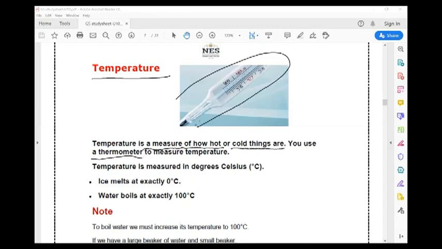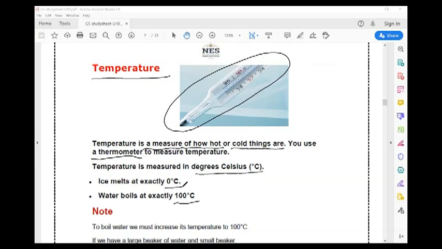This is the thermometer. And the measuring unit of temperature is the Celsius degree. For example, water boils at 100 Celsius degrees and ice melts at 0 Celsius degrees.